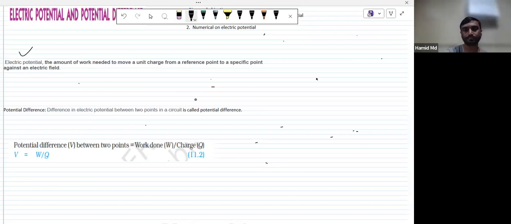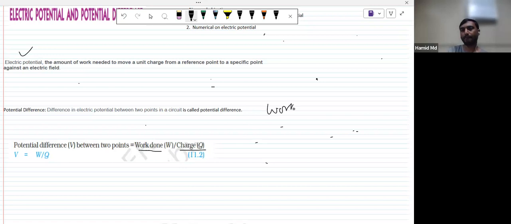If we have to define potential in some mechanical way, how will we define it? Potential difference between two points is the work done per unit charge.